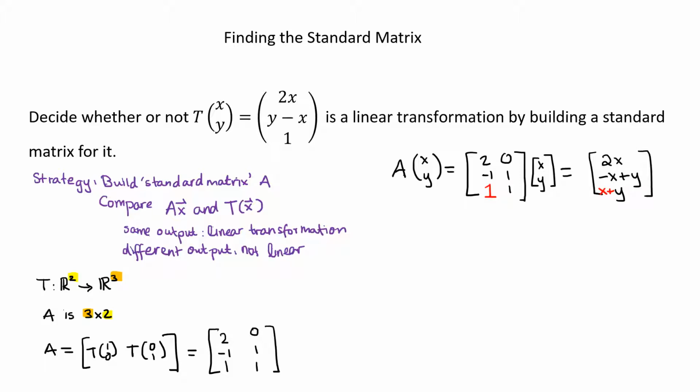And you might have been wondering where that matrix was from. It was just a mistake. So our result is 2x, negative x plus y, and our final coordinate is x plus y, which we can see is not the same result as T of x, y. So that means that our function is not linear.